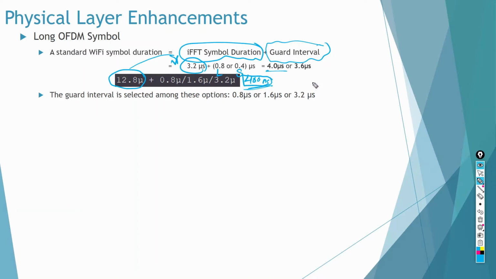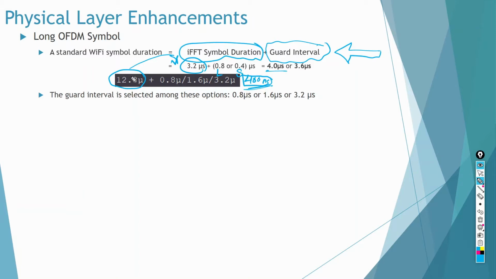Okay, so it is actually good to learn and memorize these numbers, but why are we looking into these things at this time? The idea is we would like to understand how moving from this OFDM symbol duration into a longer one has helped to enhance the Wi-Fi operation at the physical layer.